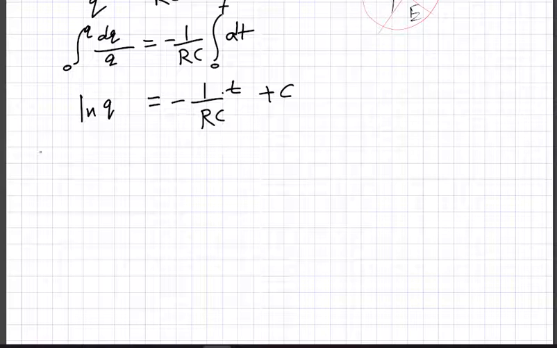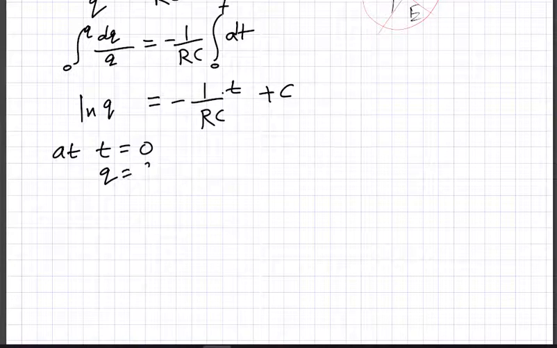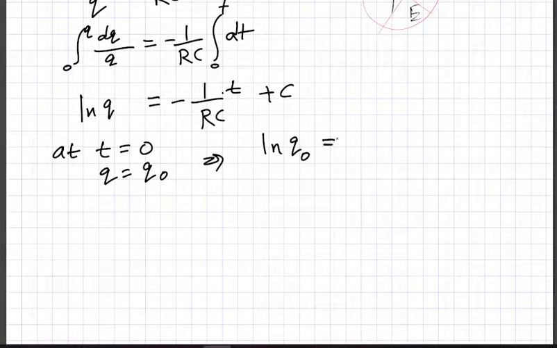Now let us apply the boundary conditions at t is equal to 0. What happened at t is equal to 0? Q was Q naught, the charge was maximum, so that implies ln Q naught is equal to C.